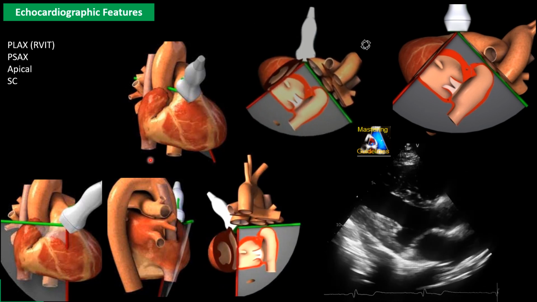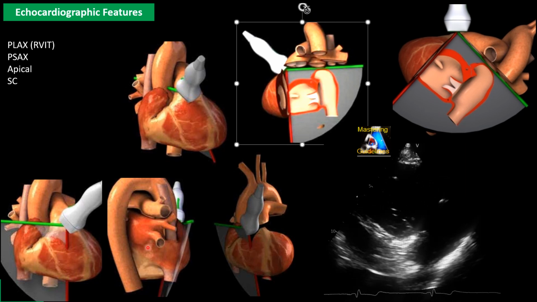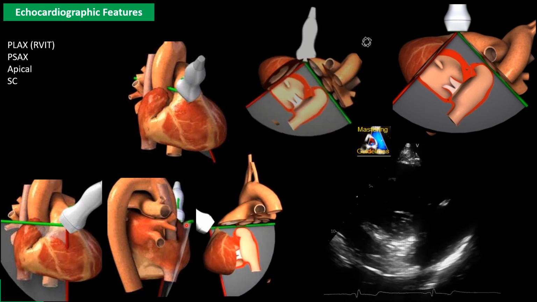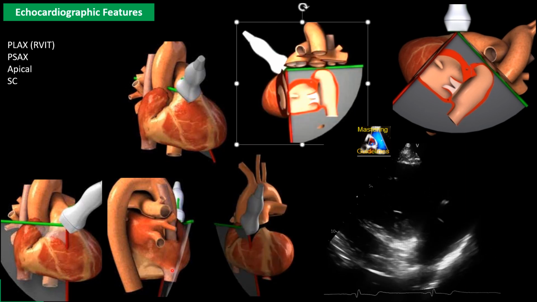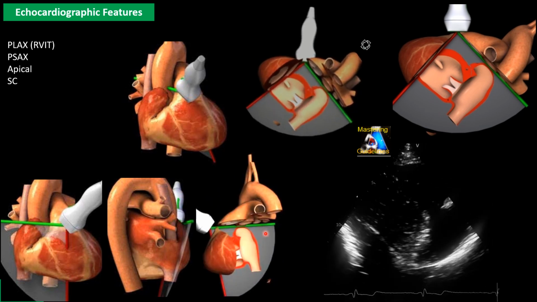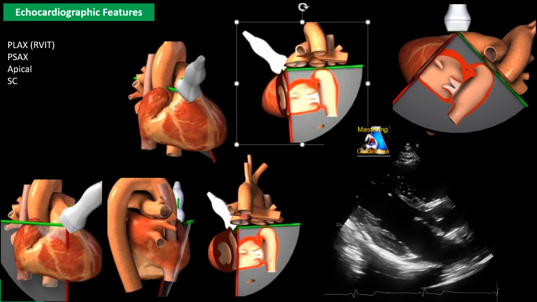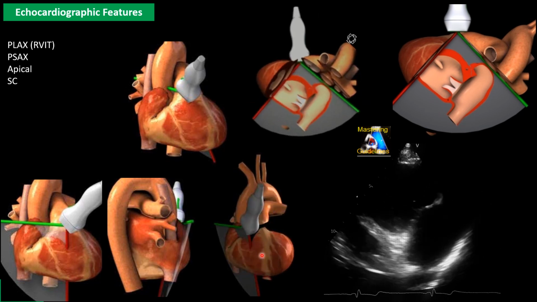Just fanning without twisting, our sector passes through this region. You can see the posterior view, how the sector passes through posteriorly, cutting a little of the inferior vena cava. Then this is our cross section, the heart cross section RVIT, as you can see here.